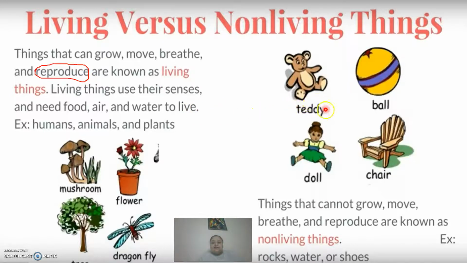Similarly, a stuffed toy teddy, a ball, a doll, and a chair. They are non-living things because they cannot move on their own, they cannot grow, they cannot breathe, and they cannot reproduce. All right, now let's study about plants.